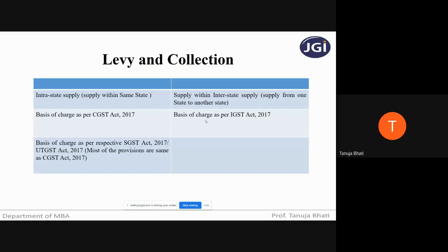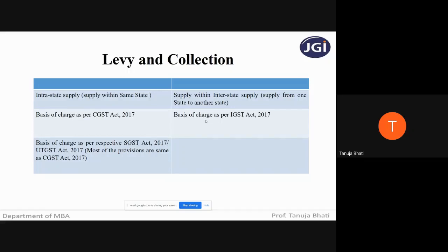Then we have even seen petroleum products which will be levied only on the day that will be specified by the central government. So once again, I just recap, we just do a quick revision of levy and collection. In case of levy and collection, CGST, SGST will be charged in intrastate supply, and IGST will be charged in interstate supply.